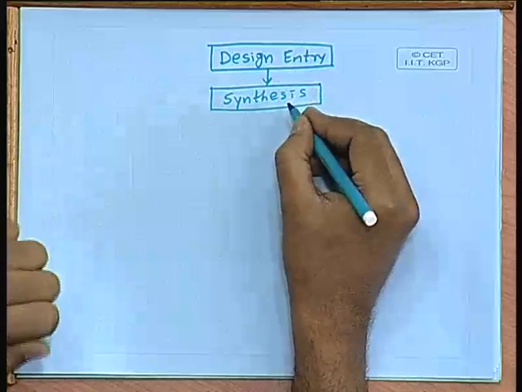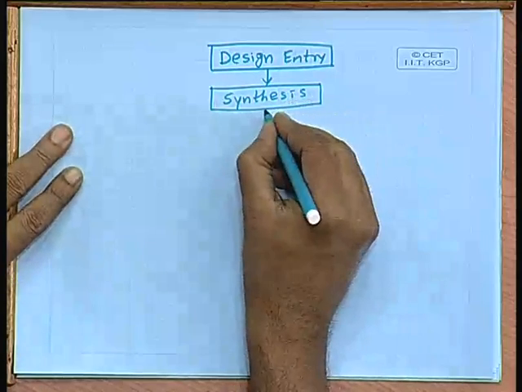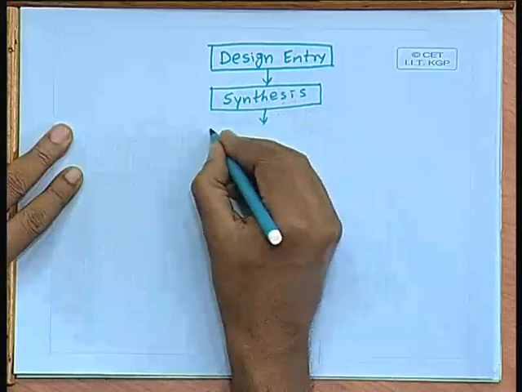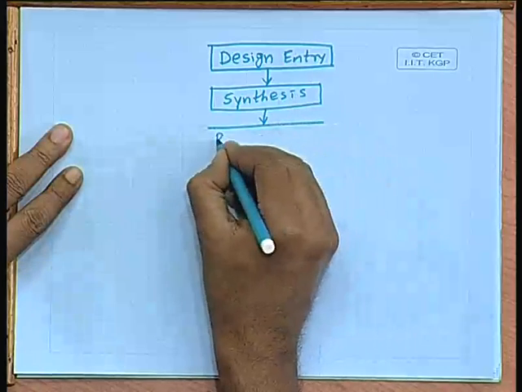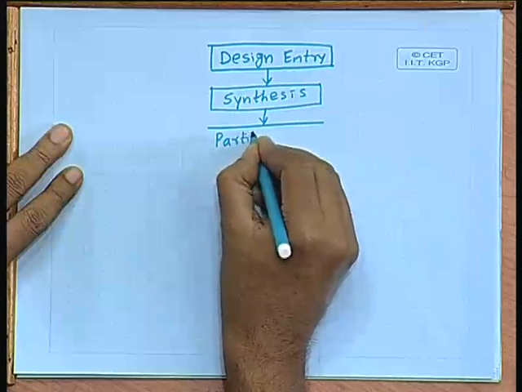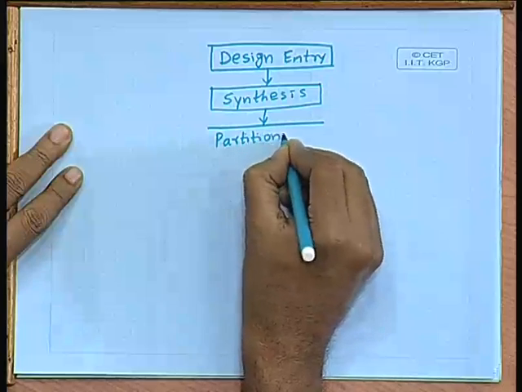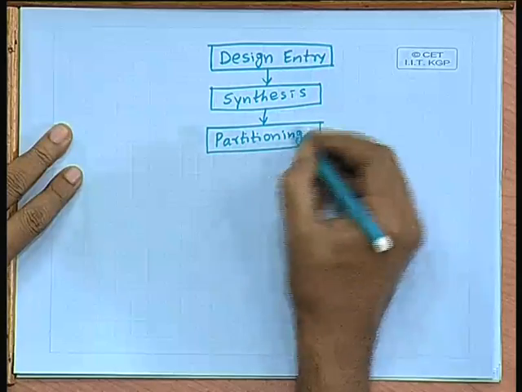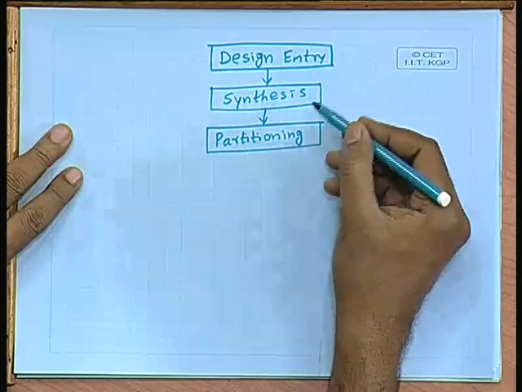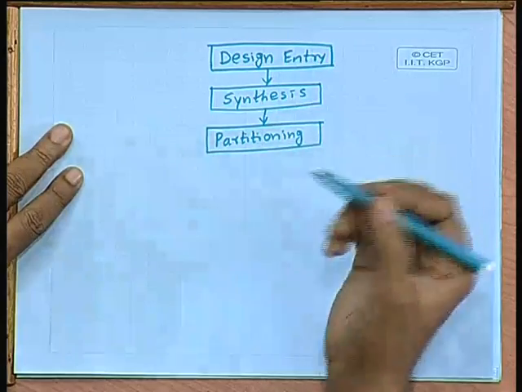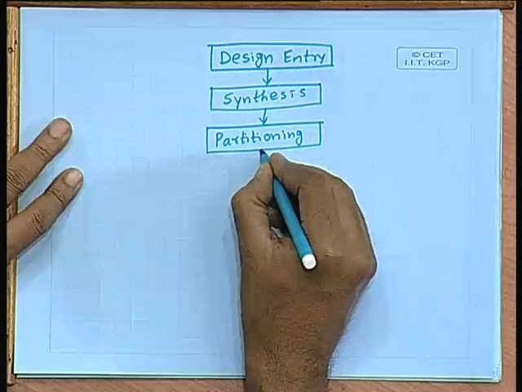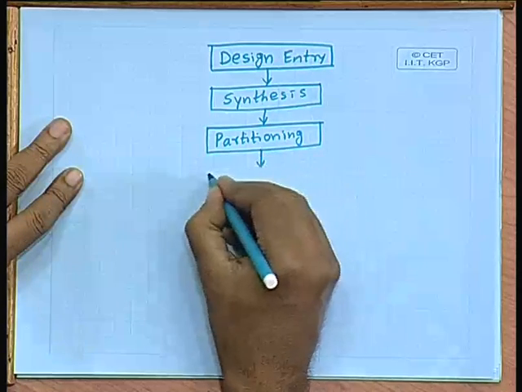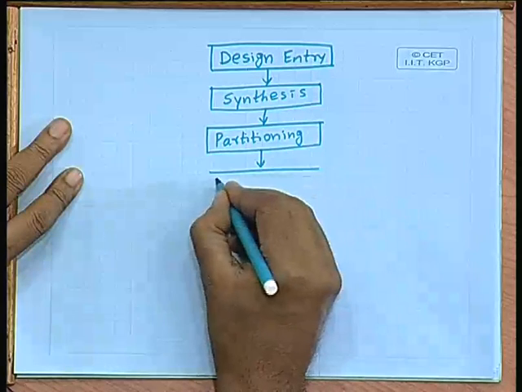This may involve high level synthesis, logic synthesis, everything. Typically during or after synthesis you go for partitioning. Usually we partition either the CDFG or the netlist, depending on how we are using it. After partitioning comes floor planning.